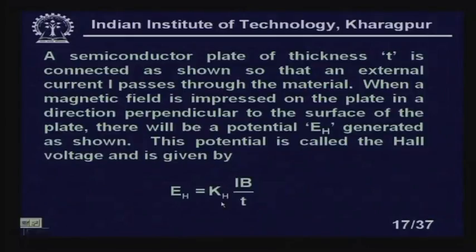Let us go back, a little more clear. You see here, if I know the KH of the material, if I know the B, and if I can measure the EH, this EH can be calibrated in terms of I, if the I is unknown. So, by measuring EH I can tell the I, clear, because this is the only thing variable.